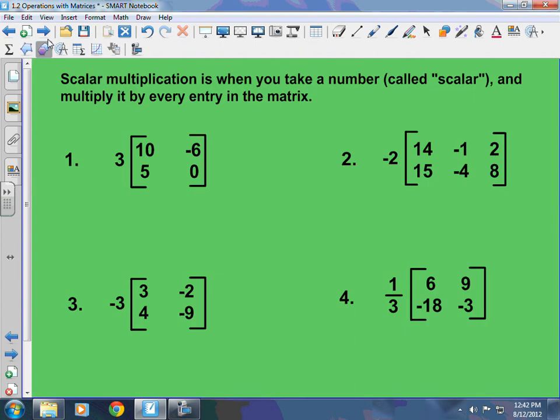Here we go. Okay, now we're going to look at multiplication with matrices. If I had 3 parentheses 10, what would you do here? If you don't see a sign between two numbers, that means multiply. 3 times 10 is 30. It's the same thing with the matrix.